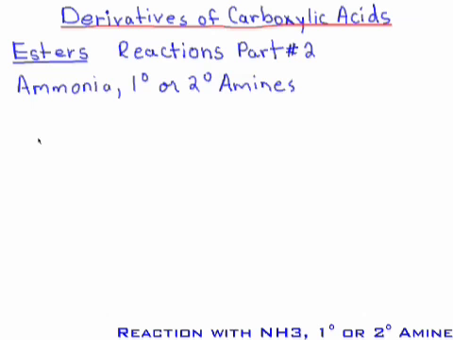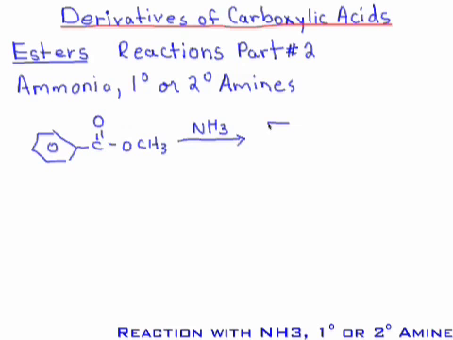If we take an ester such as methyl benzoate, and we treat this with ammonia, we can produce an unsubstituted amide, plus methanol.